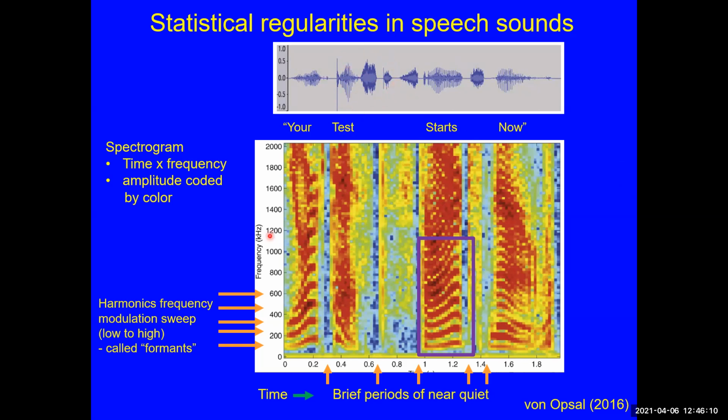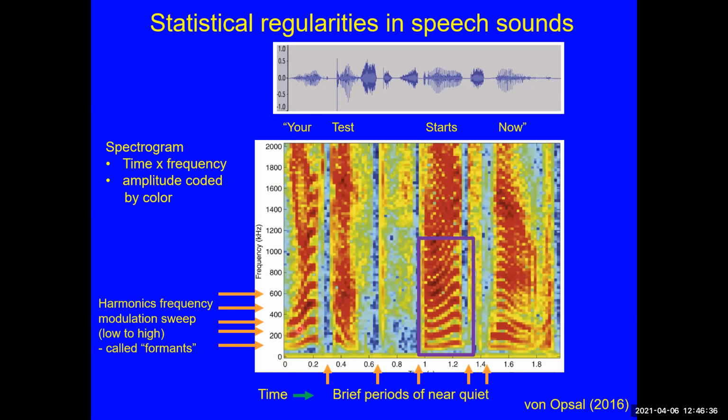So you can analyze this in more detail by breaking out the frequencies. Think about this like a piano, just like the cochlea. We talked about how the cochlea is arranged like a piano. One part of the cochlea is sensitive to low frequencies and mid frequencies and high frequencies. This is all we're doing here, only on a computer. And you can see that when people say words like "your," there's a set of upward sweeps.